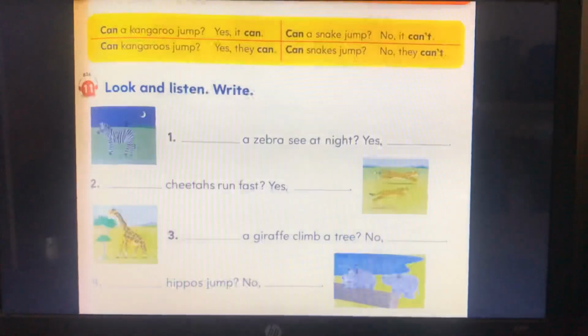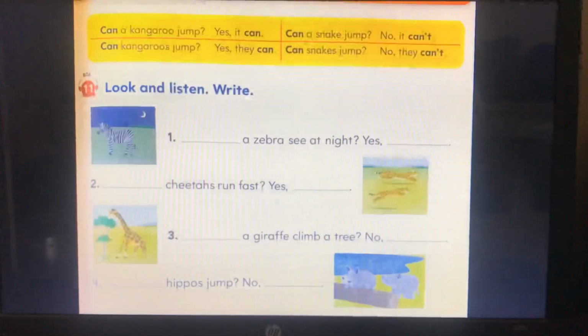As you can see, this one is negative. So on the negative, we will be using can't. Okay, remember that when we ask a question and the answer is negative, we will still be using the positive form. So, number 3. Can a giraffe climb a tree? No, it can't.